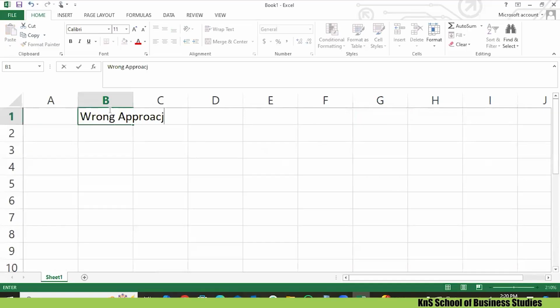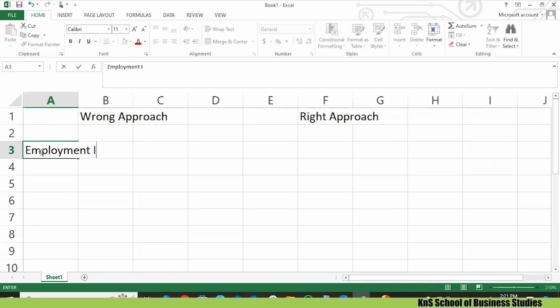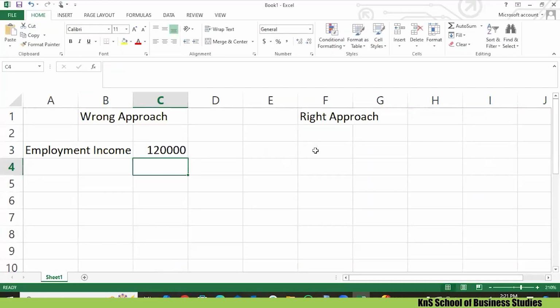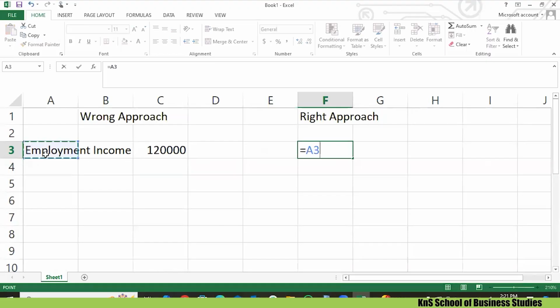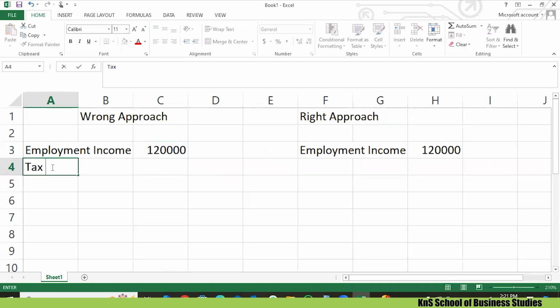Wrong approach. And here I will have the right approach. Okay, let's make it very simple. Let's say your total employment income is, how much was that? 120,000. Now I'm going to calculate my tax.